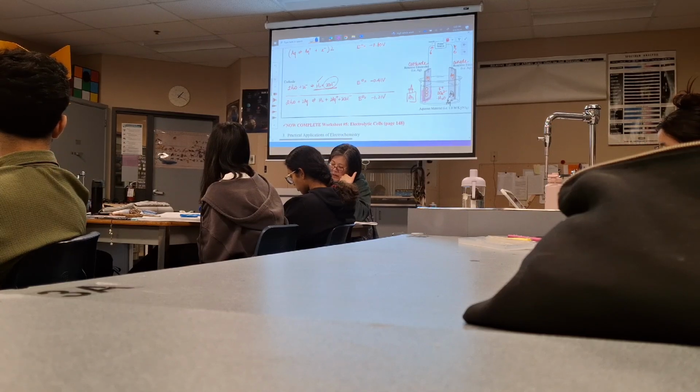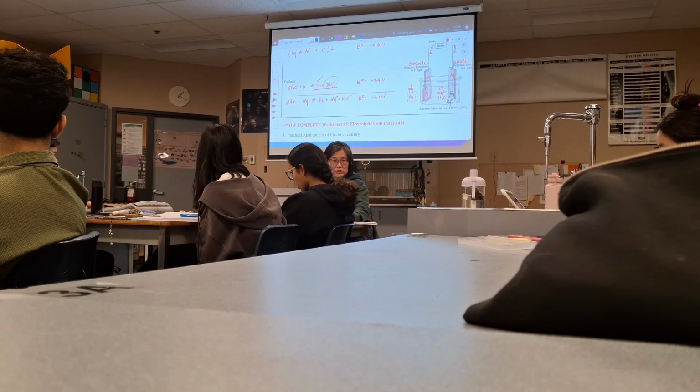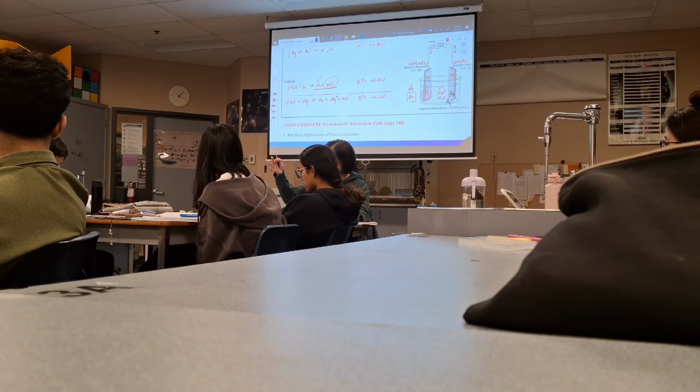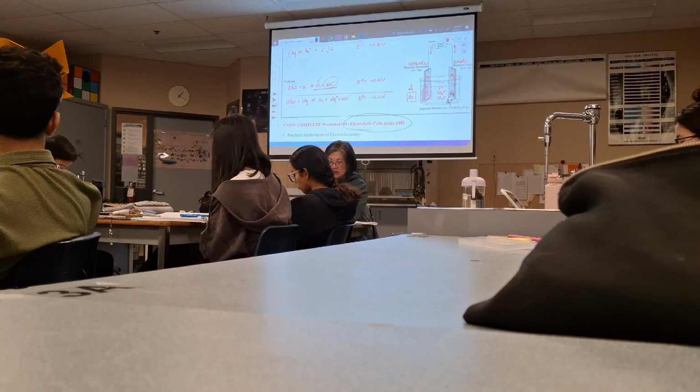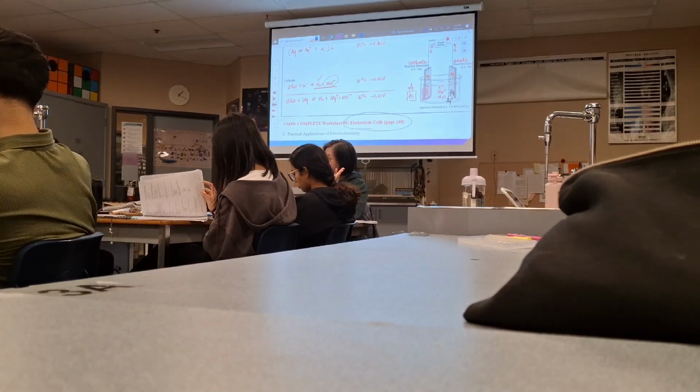Now, here is what I would like you guys to do for maybe the next 10-15 minutes. Right now, I've just introduced this to you. If I was to jump to the lab, you'll forget all about this stuff. There's no reinforcement. So what I would like you guys to try to do is the electrolytic cell on page 148. There's no answers in the back.